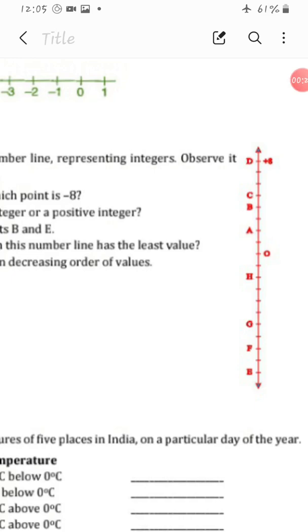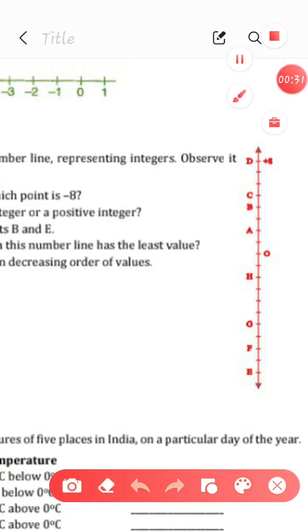The first one, D, is a positive number, as this side has the positive numbers: plus 8 is given. So we can identify that if it is plus 8, the one below will be plus 7, then plus 6, then C will be plus 5, B will be plus 4, then the blank one will be plus 3, A will be plus 2, then plus 1, then obviously 0 is there.